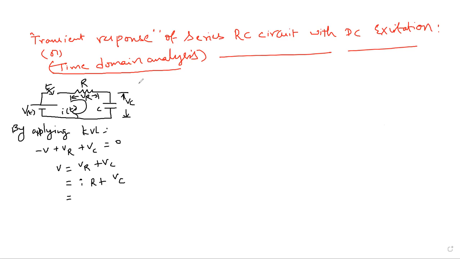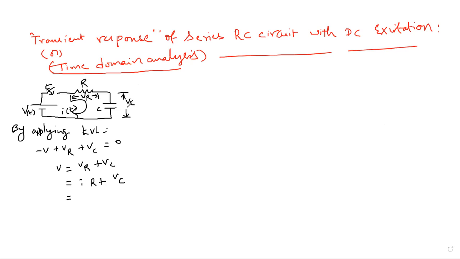That's why in the previous derivation, with the inductor, we calculated I of t. Now this is a capacitor, so we need to calculate the capacitor voltage.